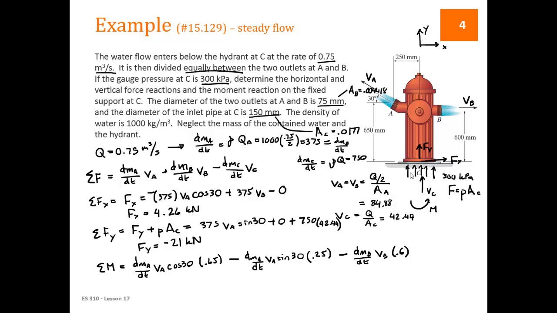All right, and the only moment acting on this is the actual moment we're trying to solve for. So all of these quantities are known, and we get a moment of negative 5.16 kilonewton meters. Once again, the negative sign just means that it's actually in the opposite direction from how we drew it.